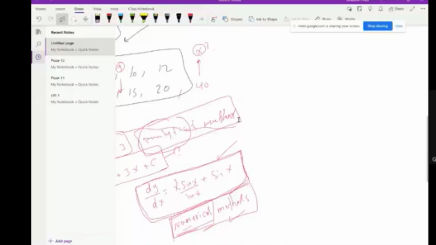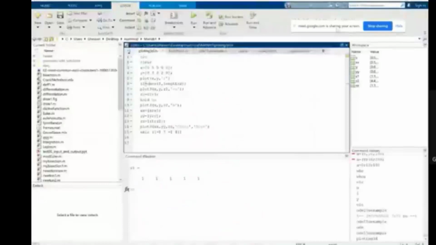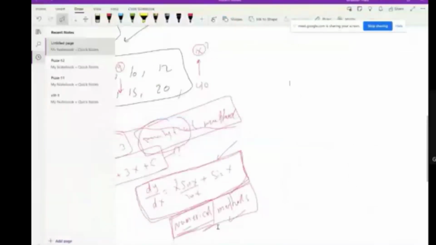Yes. This is numerical method. It's so easy to solve an equation. Just learn the steps, how to do it, and apply them. It will be so easy, and you will get the solution, or by using a program.